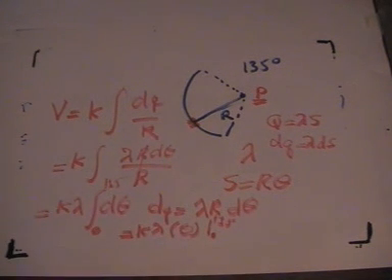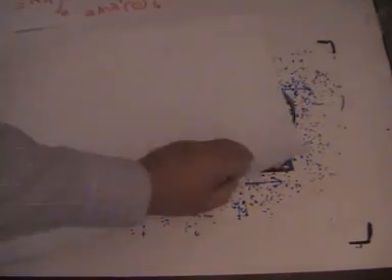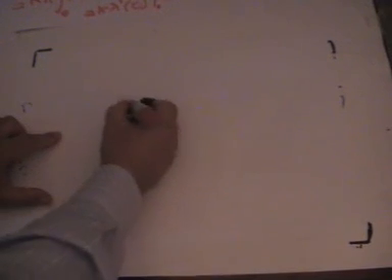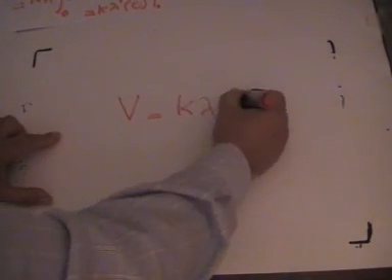If somebody asks, Doctor, this is the potential, and the potential is proportional to 1 over r, so where did the r disappear? Let me show you where the r disappeared, and I'll conclude with that. Remember, we got V equal to k lambda times theta final minus theta initial.